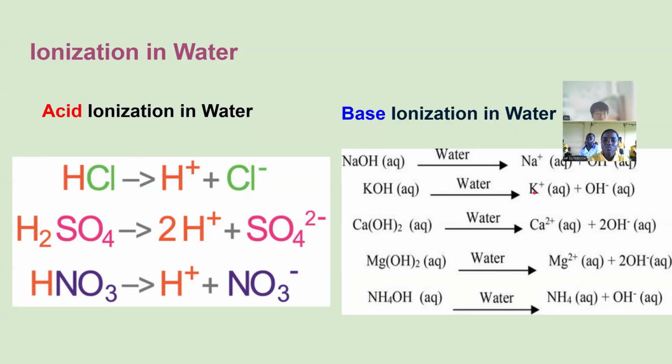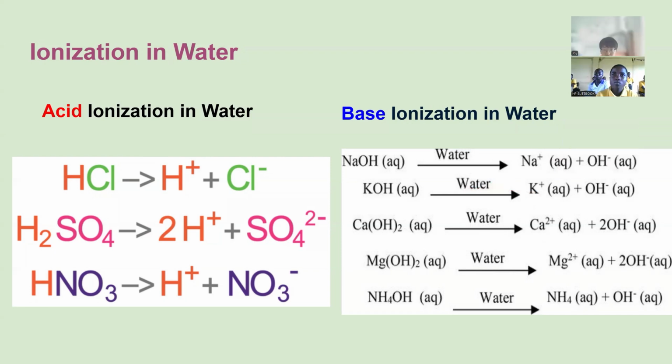So let's look at ionization of acids and bases all together on this slide. So HCl, we've seen it dissolves into H plus and Cl minus. It's pretty straightforward. And we have H2SO4, which turns into two hydrogen ions and one sulfate ion.